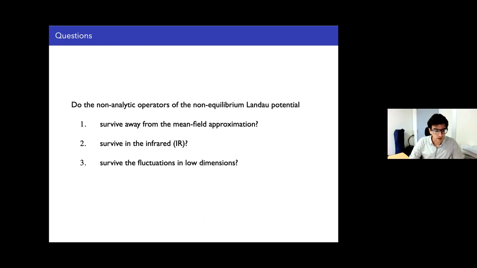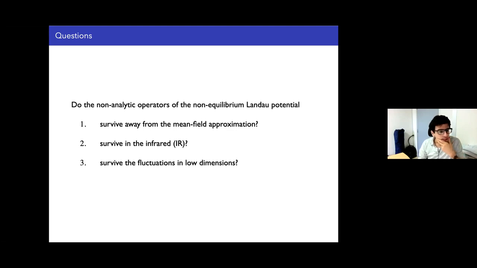But now we only discuss things within the mean field approximation, which basically means the saddle approximation, assuming that the field is constant. We neglected the fluctuations, and important questions are in front of us. The first question is: is this story surviving away from the mean field approximation? Or in other words, is there an upper critical dimension above which the fluctuations are indeed irrelevant and mean field is actually exact?